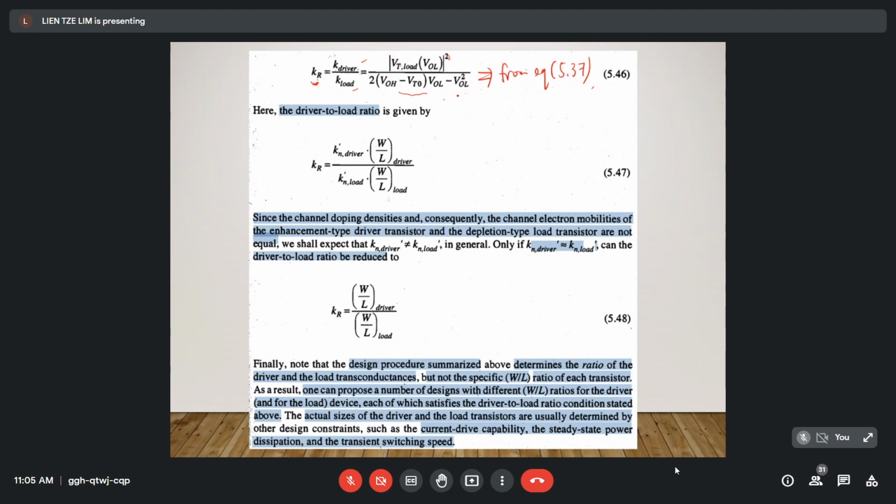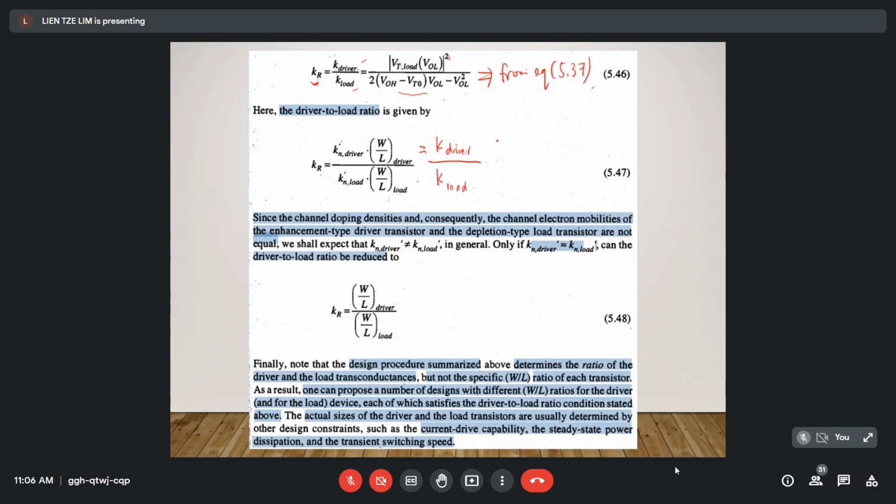The driver to load ratio is also given as this KR. KR is equal to K prime driver multiplied by W over L, divided by K prime load multiplied by W over L. This is the K driver divided by K load.